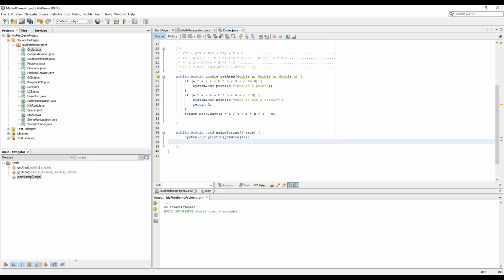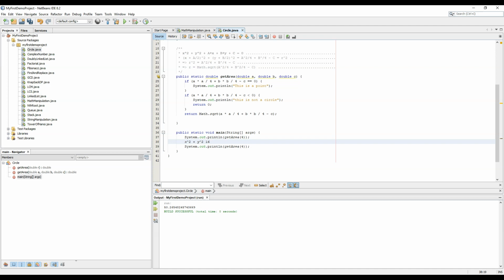via the second function. Now we know if we want to create an equation of a circle with radius 4 and the center point at 0, 0, it would be x square plus y square equal to 4 square or 16.